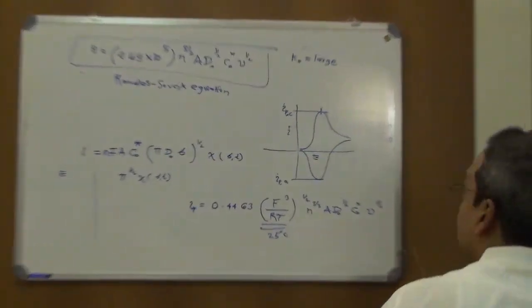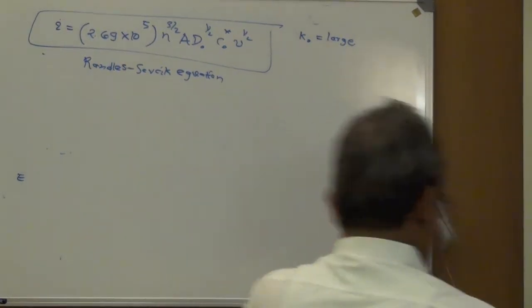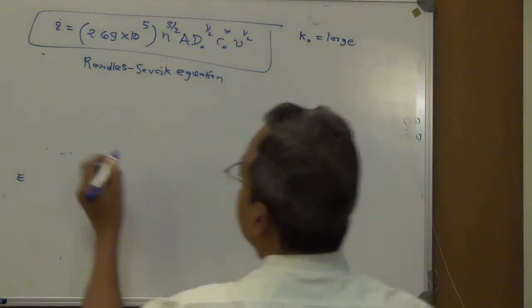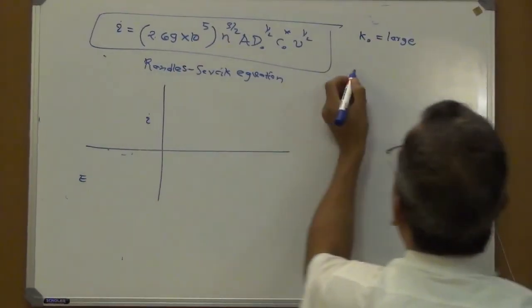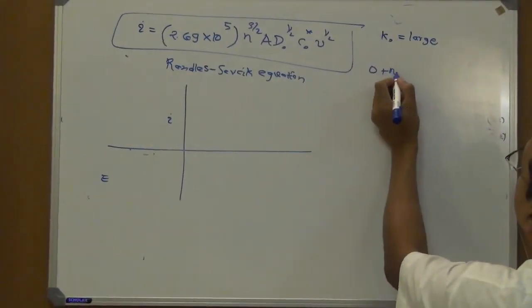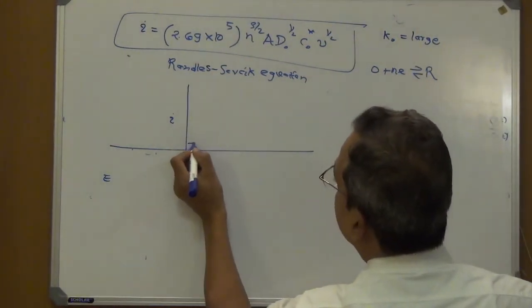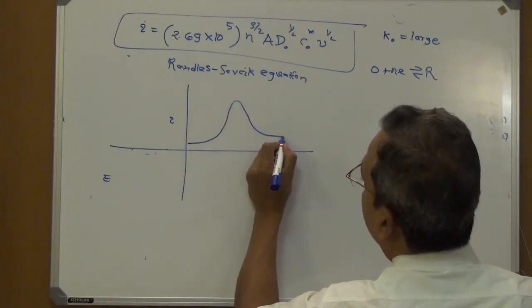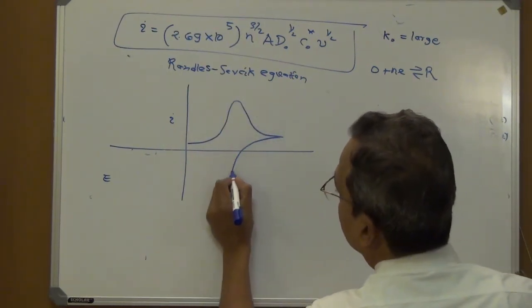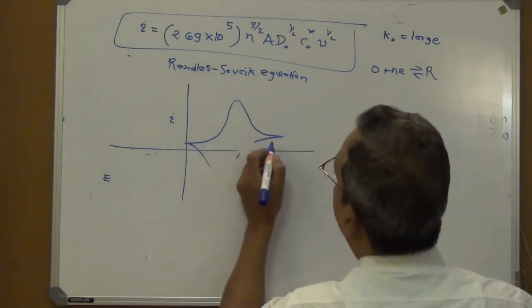Let us see what happens to the cyclic voltammogram and how it looks. Since the reaction is fast, this is the typical cyclic voltammogram for O plus e goes to R. What we see here is that the current increases, develops a peak, and then comes down. This is exactly the reversible one. I didn't draw it nicely, so let me draw it nicely.